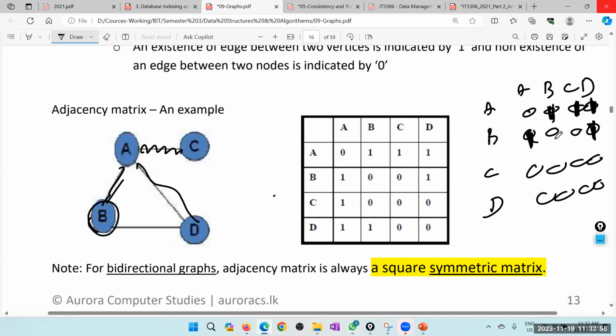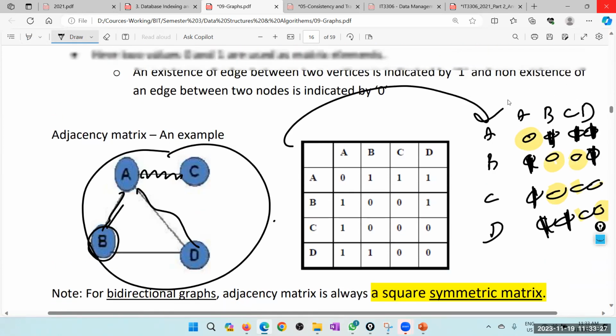Others I will keep 0. Then C, only C to A. Then D, D to A and D to B. The others are kept 0, and the rest are 1. Now we call it an adjacency matrix, and this represents the graph. So the graph is represented by the adjacency matrix.